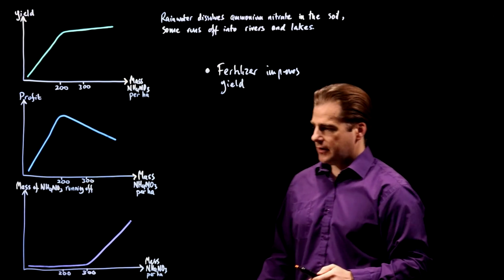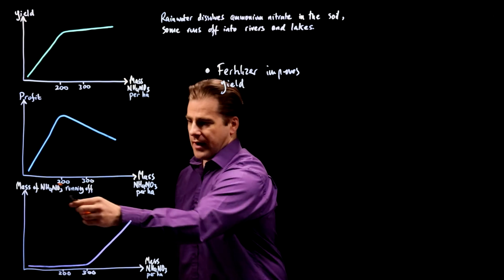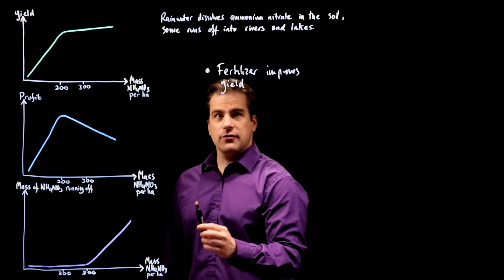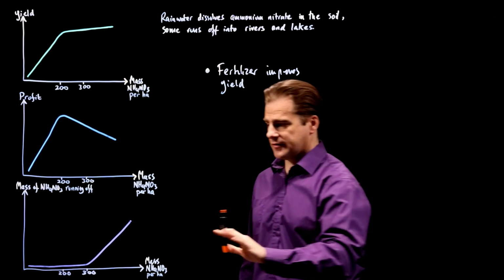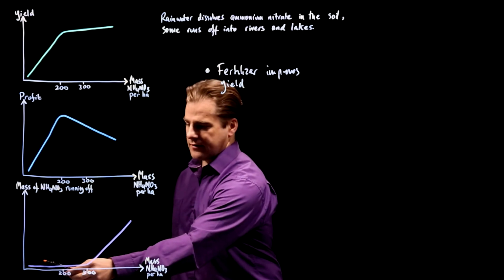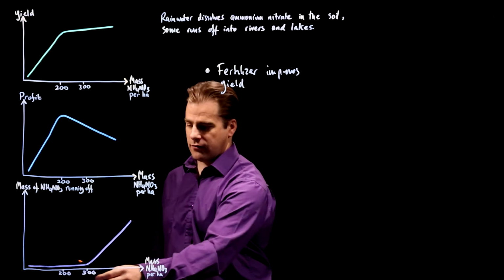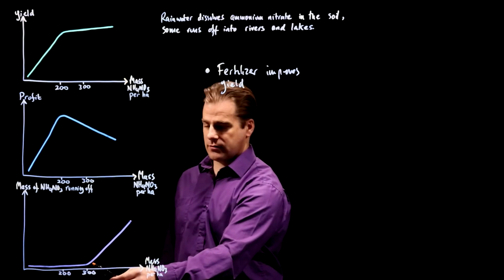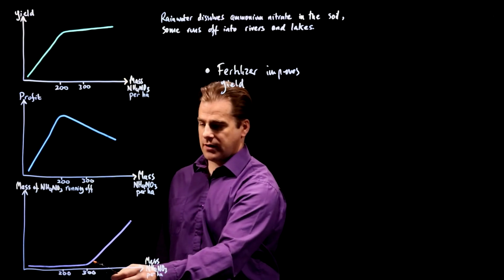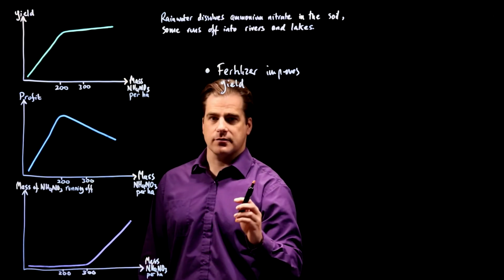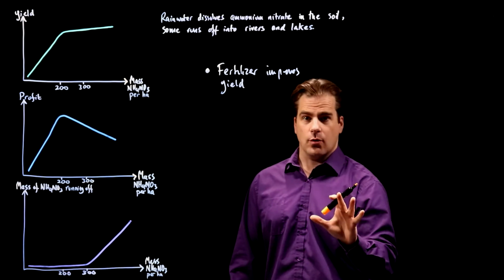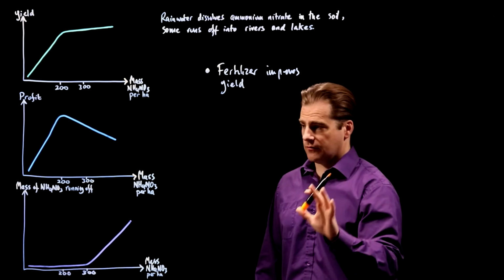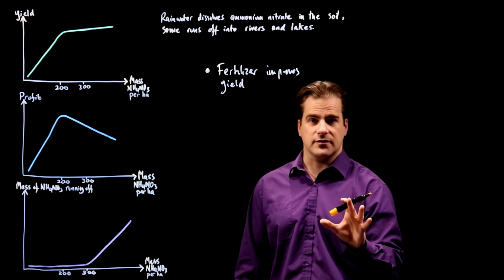Right, this one, mass of ammonium nitrate running off into rivers and lakes. So again, just say the obvious, say that there's a low runoff up to a value of 300 and then it increases quickly. So what do you know about fertilizers running off into rivers and lakes?